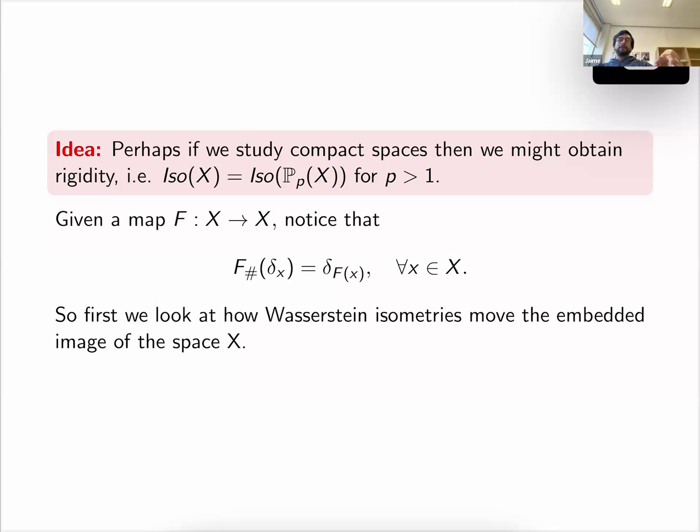So if I want to look at the possibility of some exotic isometries, first I will need to look at how these isometries move the embedded image of X. That's the first thing I want to know: if my isometry already splits the mass, if it sends a Dirac delta to something with more atoms, then of course it's going to be exotic.